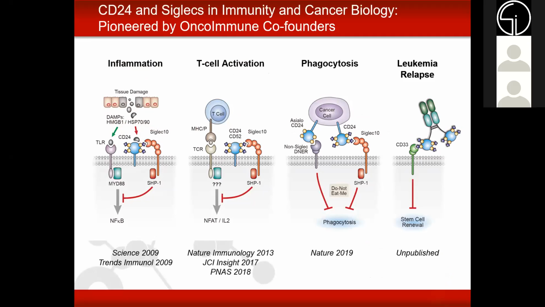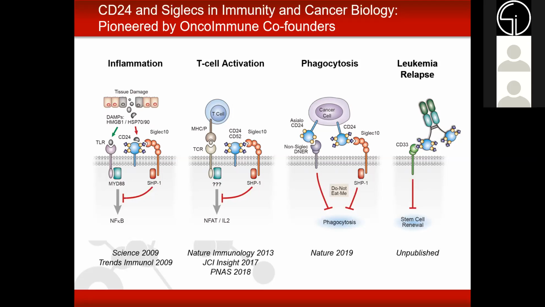This is actually a pathway that our CEO, Dr. Yang Liu, discovered in 2009, a very important checkpoint in innate immunity. CD24 and the Siglec recognize a lot of these danger-associated molecular patterns.